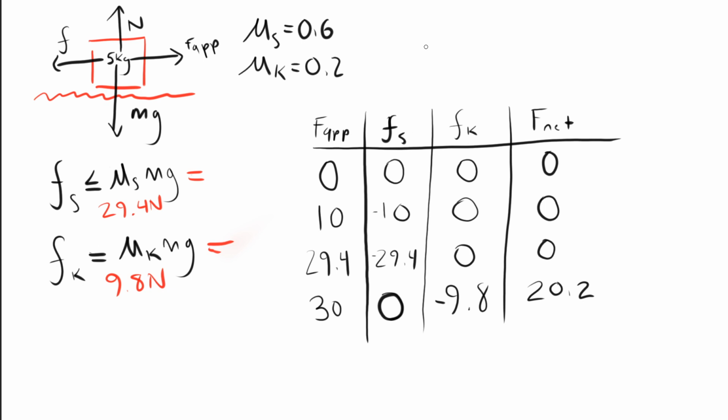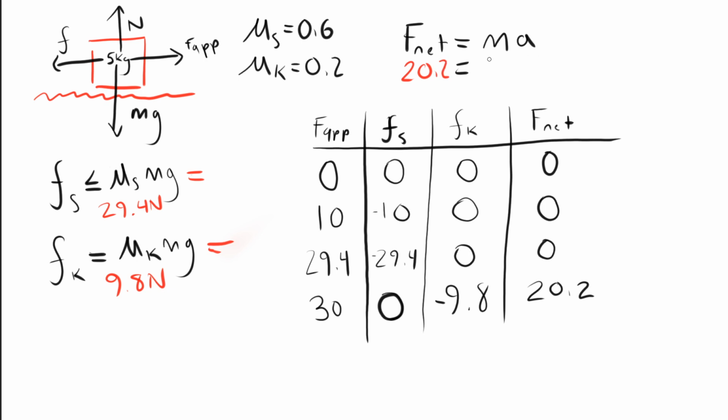Okay, if we wanted to figure out the actual acceleration of the object, that's pretty easy because it's just Newton's second law. F net, in every case, is equal to the mass times the acceleration of the object. We have the mass, and we have the F net, so we have the ability to solve for that acceleration. We know that F net in this case, when the object starts moving in this last column here, is 20.2.